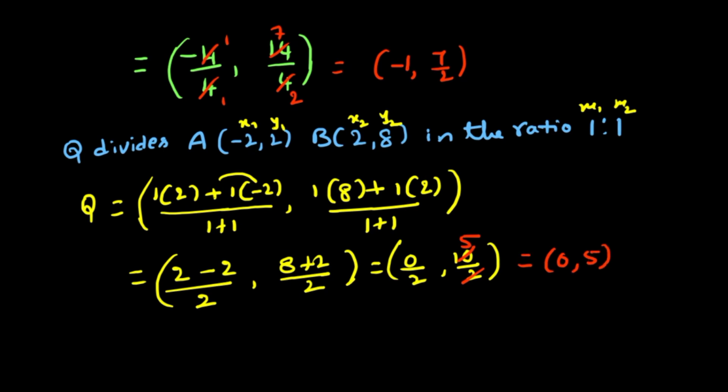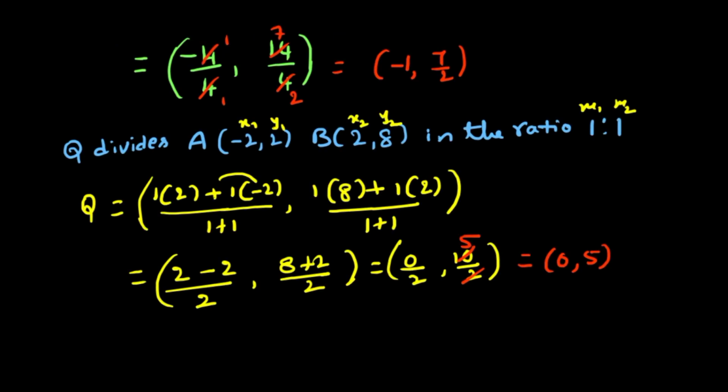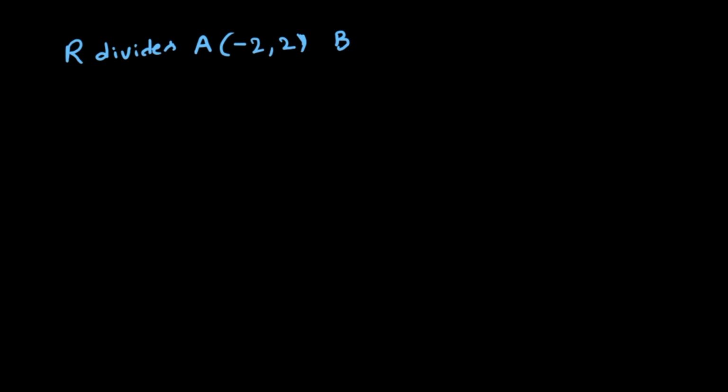Now we should find the point R. R divides A(-2, 2) and B(2, 8) in the ratio 3:1.